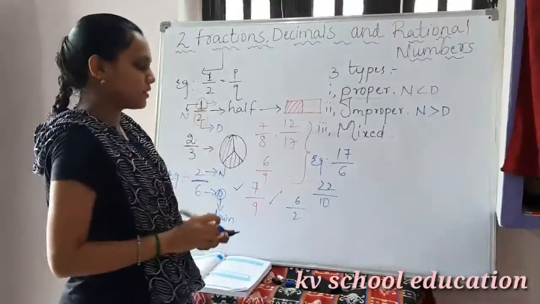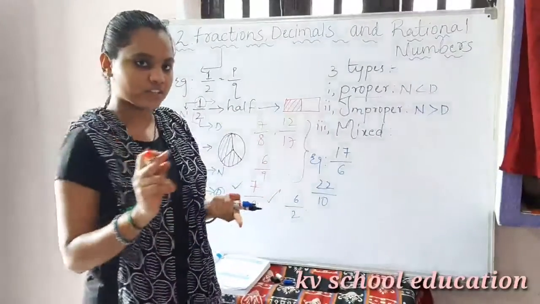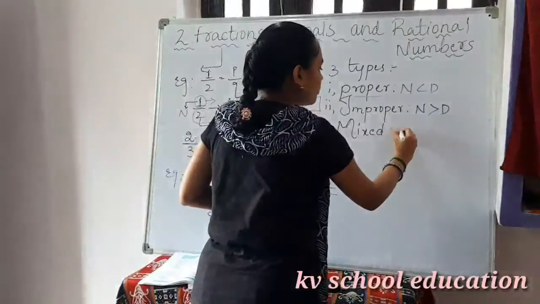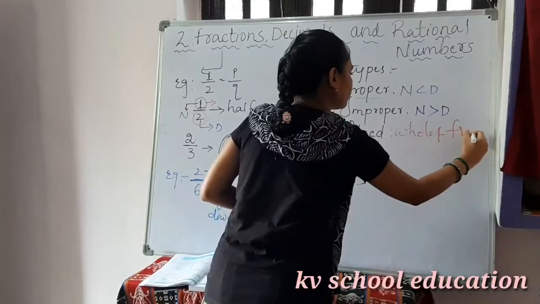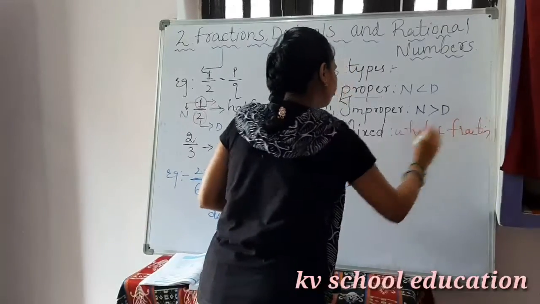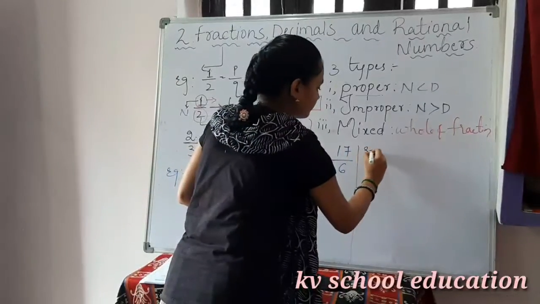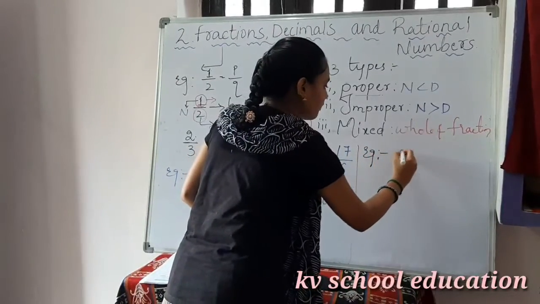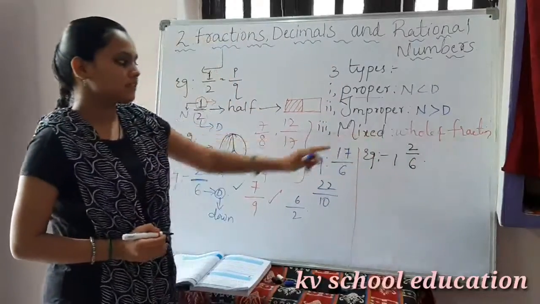And now mixed fraction. A mixed fraction consists of a whole number as well as a fraction. If we take an example, you will get clarity. Example: 1 2 by 6. This is a mixed fraction.